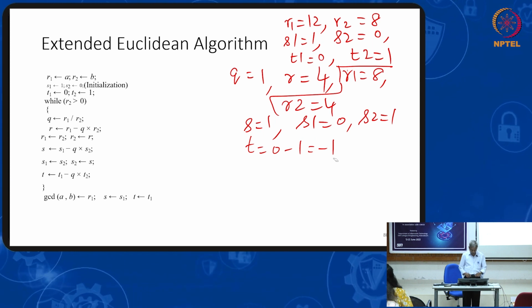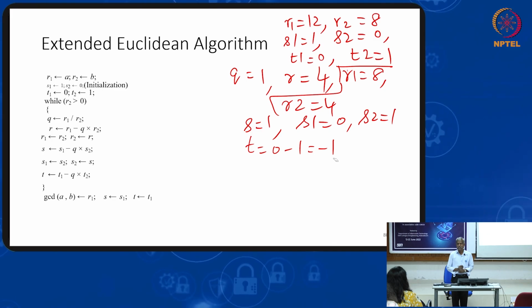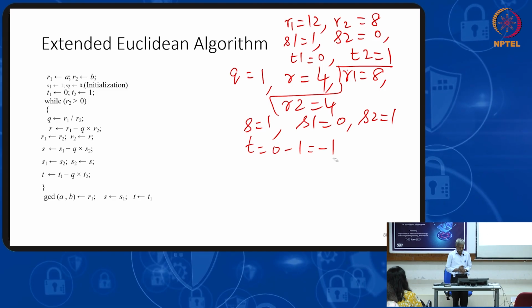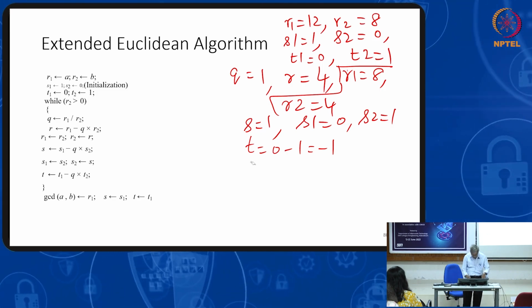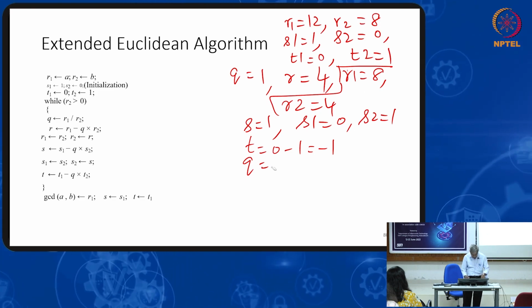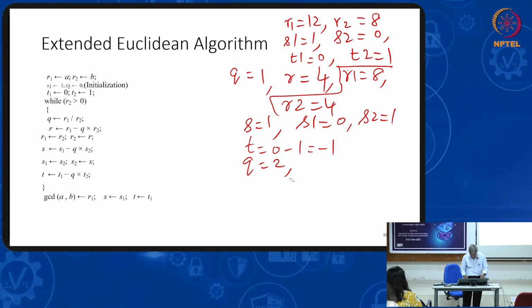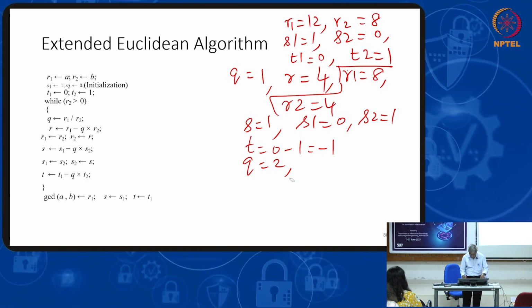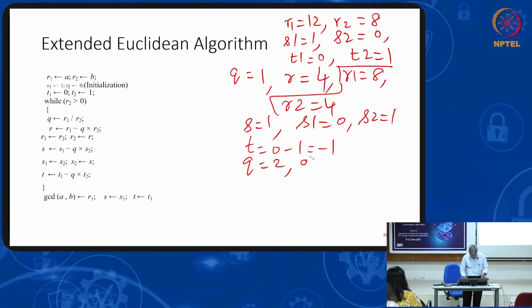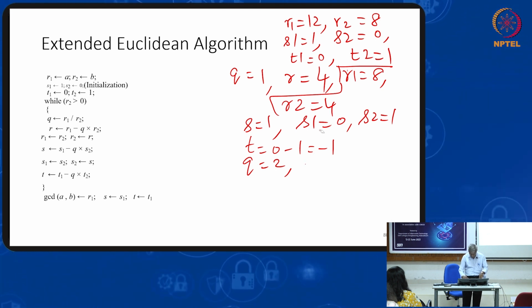I got this. Next, while R2 is greater than 0, check whether R2 is greater than 0. Yes. So Q equal to R1 divided by R2. Right now R1 is 8 divided by R2, which is 4, so it is 2. R equal to R1 minus Q R2. Q R2 means 2 into R2, which is 4, so 8.